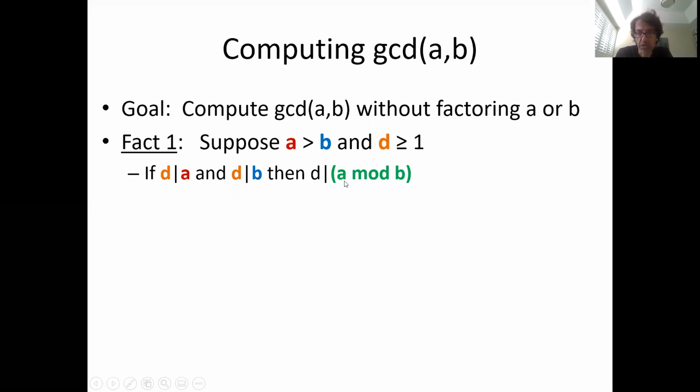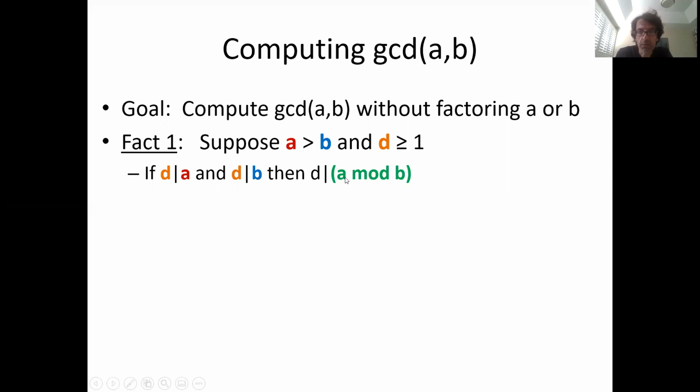It is definitely smaller than b, because a remainder of integer division of a divided by b must be smaller than b.